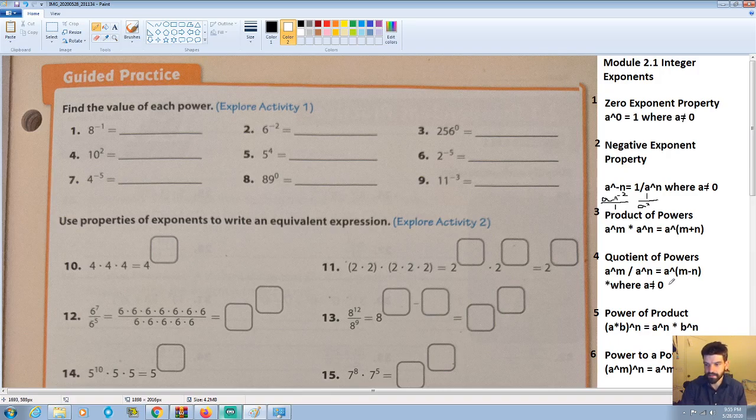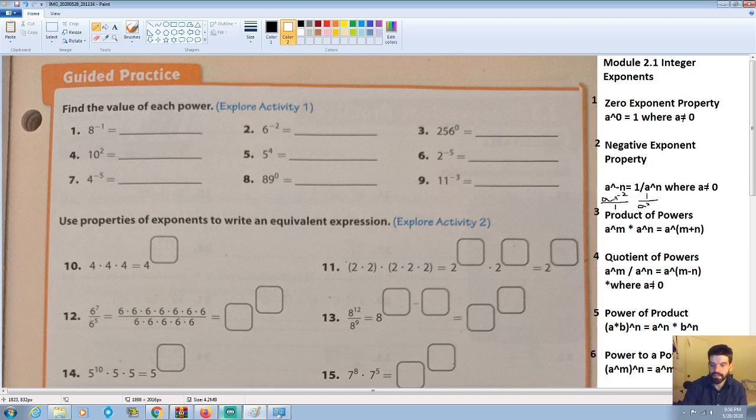Power of a product means that if there are two terms, non-identical or identical, so to speak, that are being multiplied and taken to an exponent, then that's going to be equal to the first term to the exponent times the second term to the same exponent.